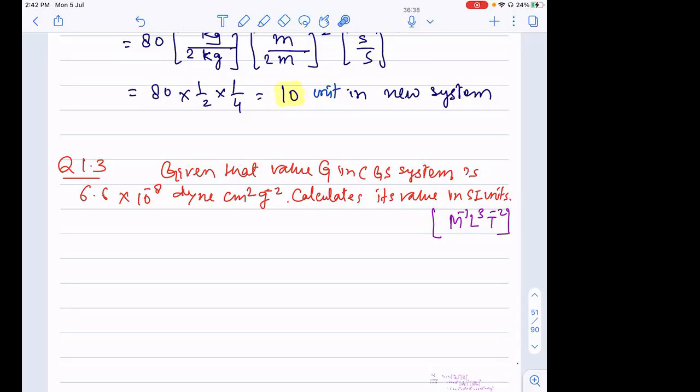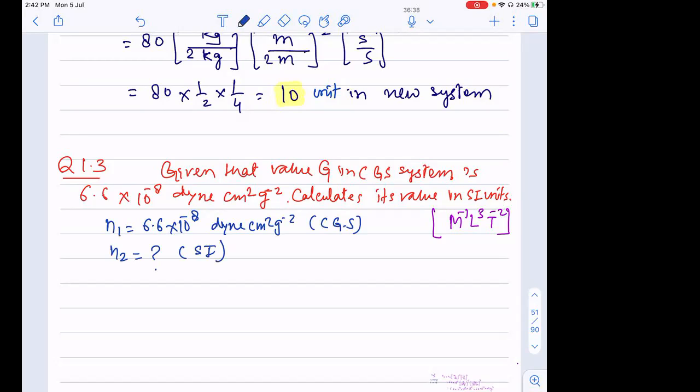So N1, okay, N1 is what? Let's at least write this much. N1 is 6.6 into 10 to the power minus 8. This is CGS. All right. And N2, in SI unit, we have to convert. How much will it come? Okay.